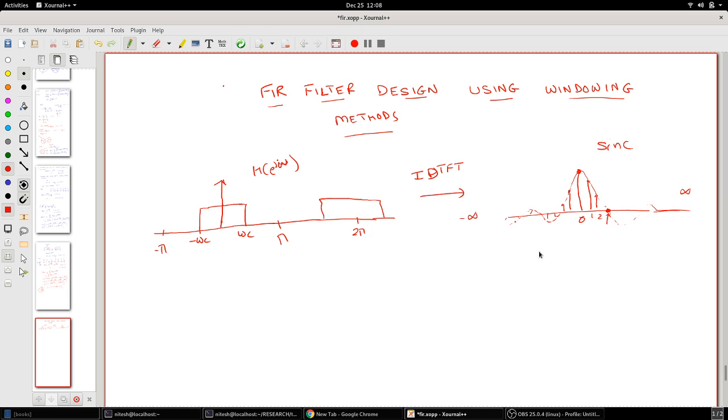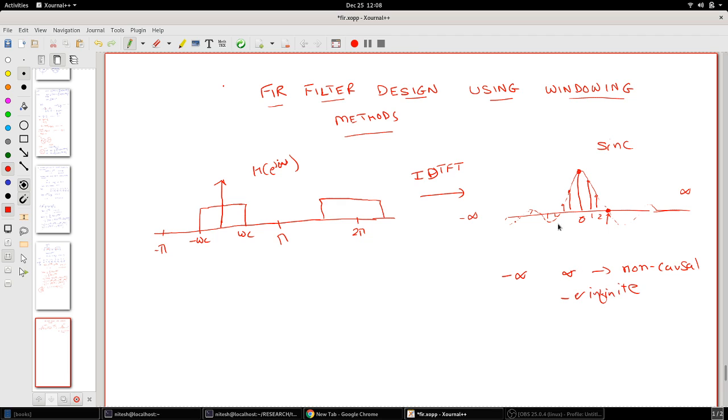If you look at this sinc function, first of all it goes from minus infinity to infinity, so that makes it non-causal. It's basically a non-causal system. And the length of this system is infinite, right?